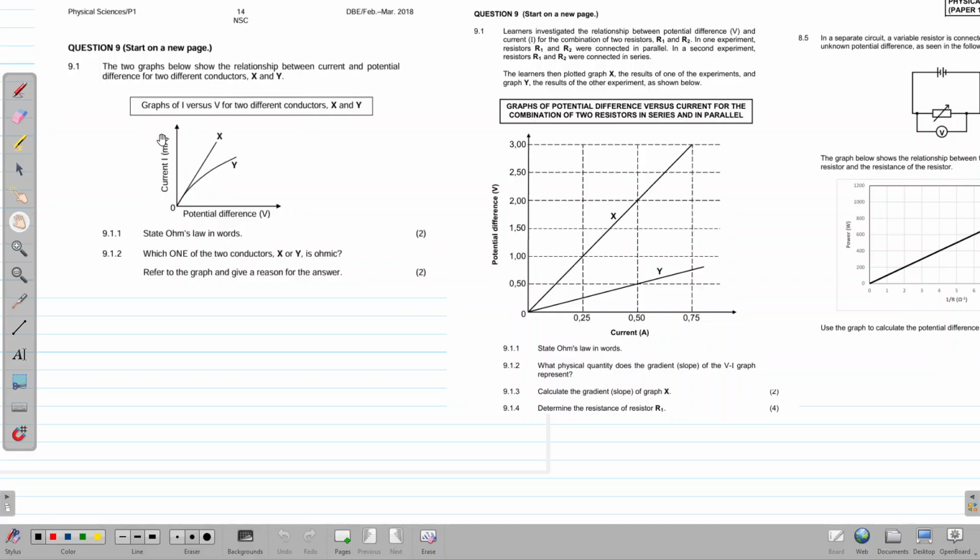This one is the current on the y-axis in milliamps, and this is your potential difference in the units of V. Now 9.1.1, we must state Ohm's law, so let's do that here. What is Ohm's law?